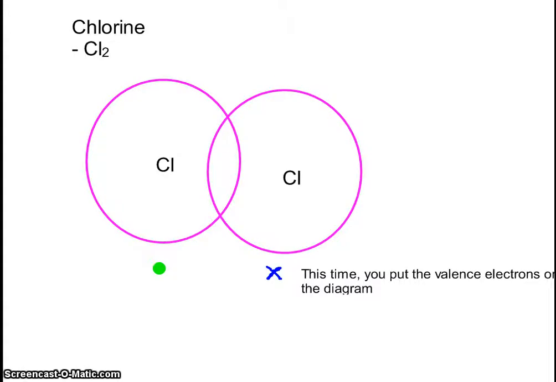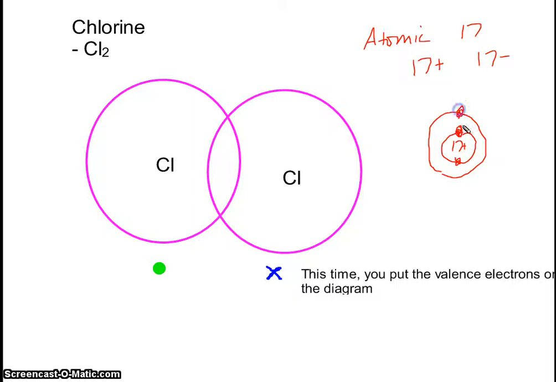Let's think about chlorine. Now chlorine, its atomic number is 17. That means it's got 17 protons and 17 electrons. So we've got 17 protons in the middle and then 2 electrons. Then we go to the next shell and we can fit 8 in there, right?